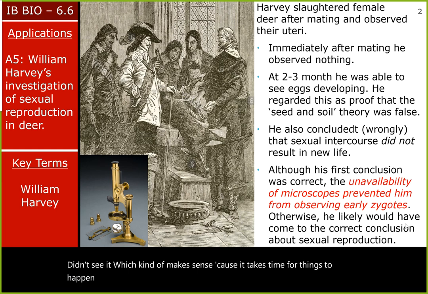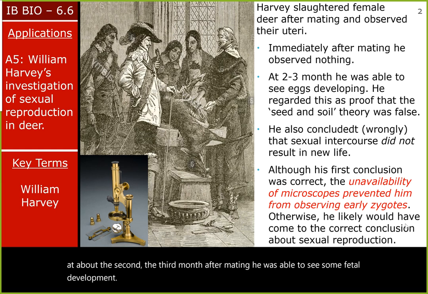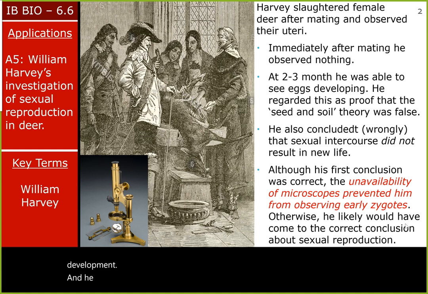But as he was able to observe more deer over time, he noticed that at about the 2nd or 3rd month after mating, he was able to see some fetal development. And he thought this was proof of his seed in soil theory. So men carry a seed, women carry a garden, plant the seed in the garden, and a baby grows. That was kind of the analogy that was used at the time.